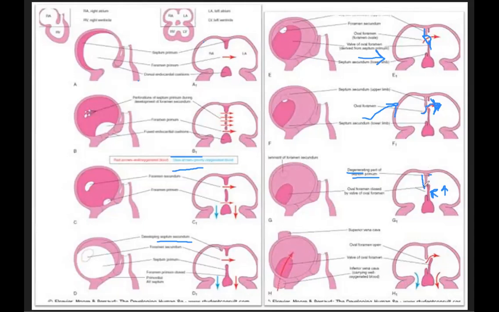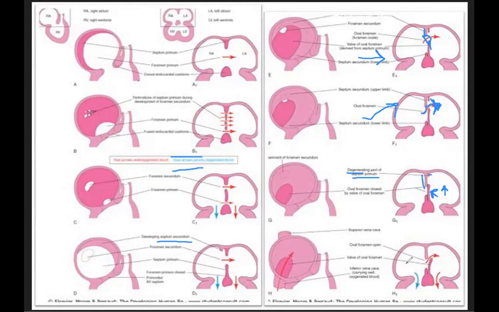Okay, so you can say that in the formation of foramen ovale, which septum is involved as an MCQ, septum primum or septum secundum. So in the formation of foramen ovale, septum secundum is involved. Please remember this, please.